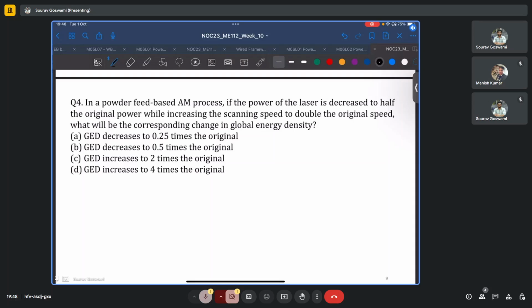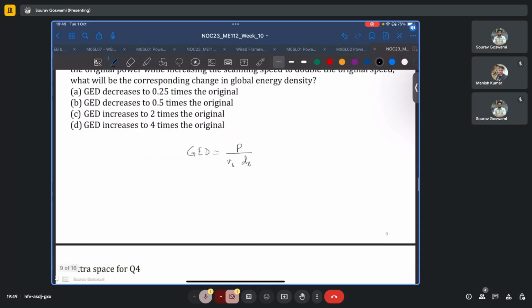And this GED was expressed as P by Vs times dl, where P is the power, Vs is the scanning speed, and dl was the laser spot size. Now we are given two scenarios.